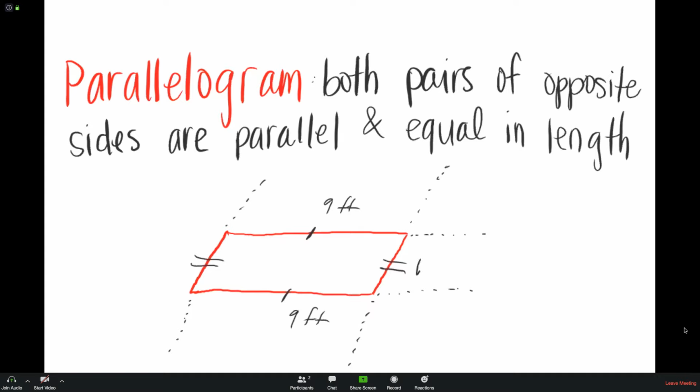Maybe this one is 6 feet and this one is also 6 feet. Okay, so opposite sides are parallel and equal, opposite sides are parallel and equal. That means this is a parallelogram. And this is the most basic quadrilateral there is. Okay, so it's just opposite parallel, opposite equal, and it has 4 sides, obviously.